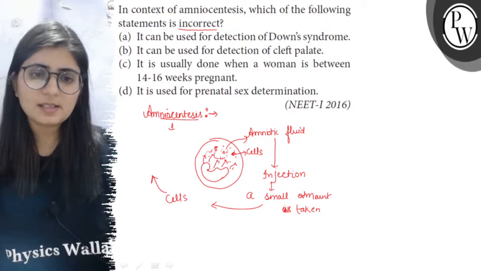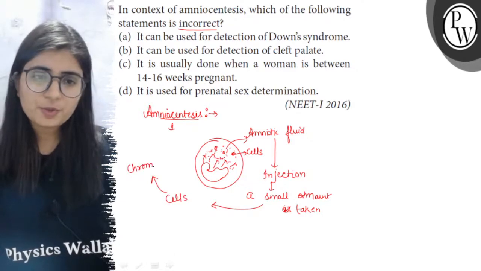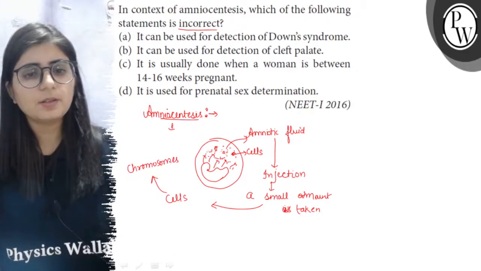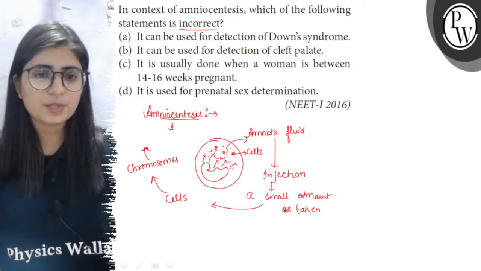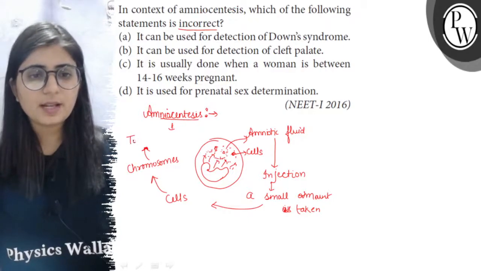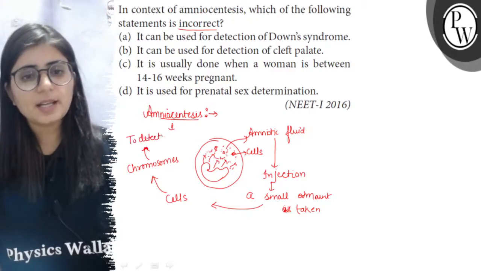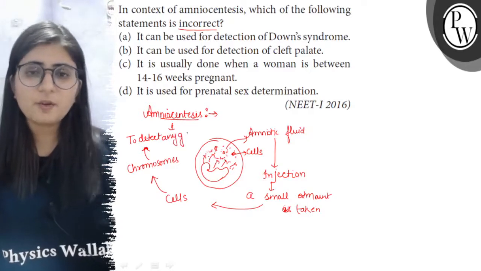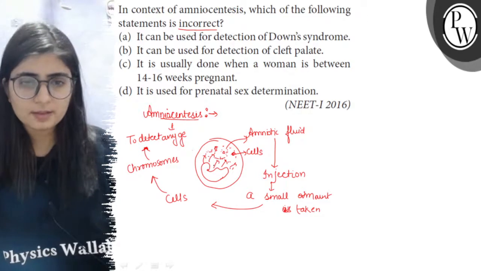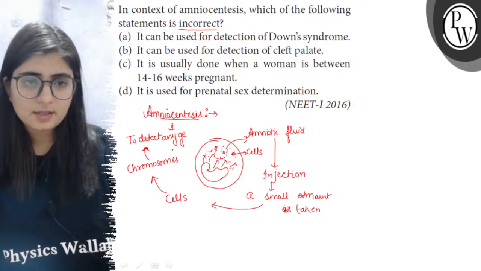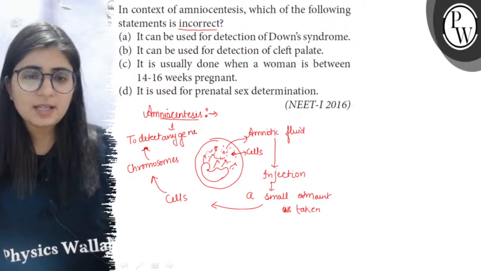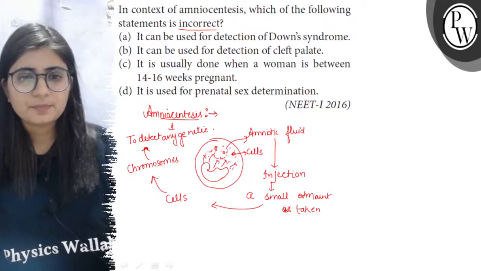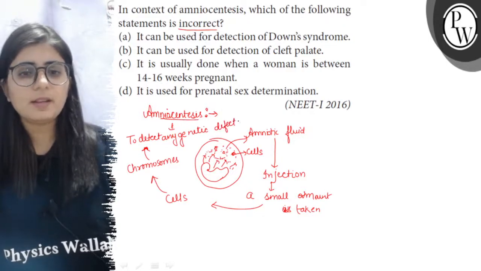Now these cells have chromosomes, so the chromosomal pattern is observed and it is used to detect any genetic abnormality. If there is a long family history of any genetic problem, this test is used to detect any genetic defect which may be there in the fetus.